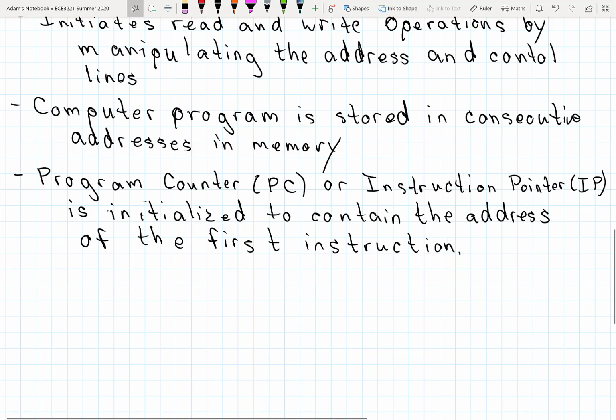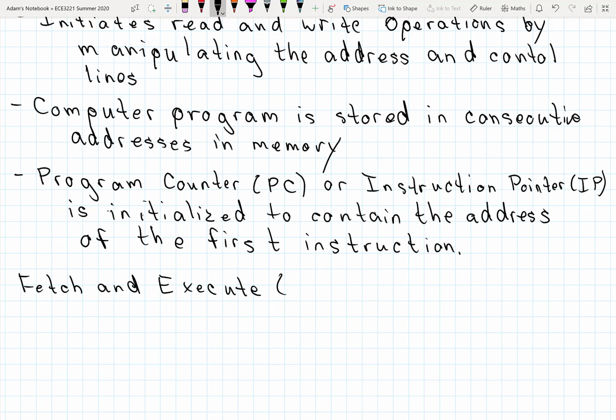And in fact, it's known as the fetch and execute process, okay, or the instruction cycle.